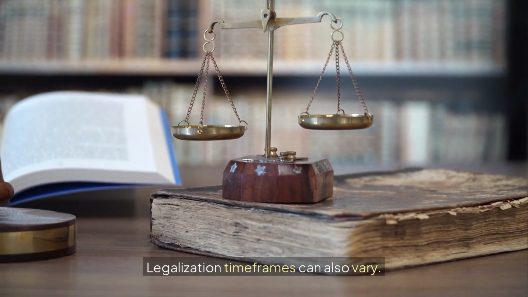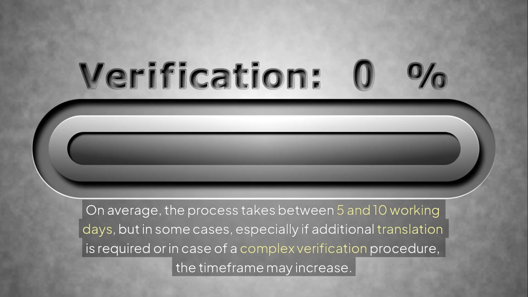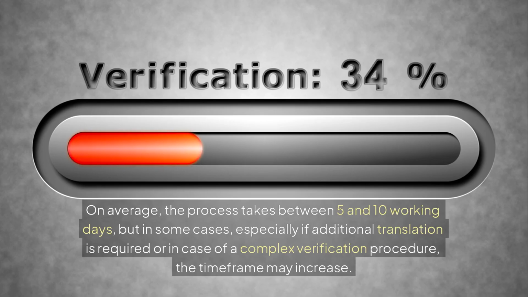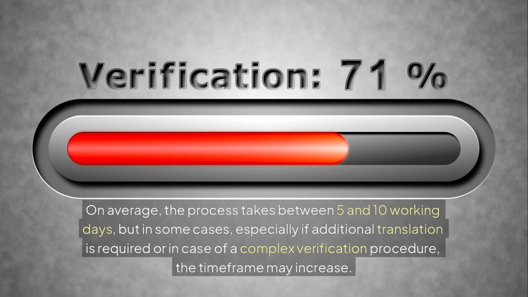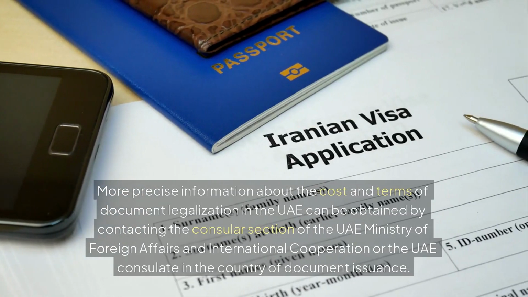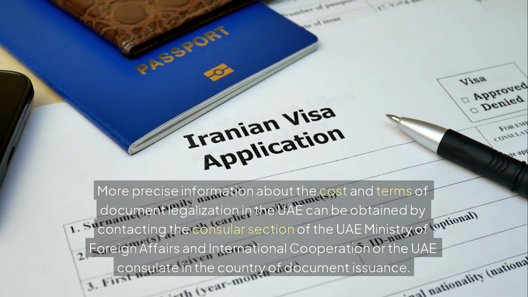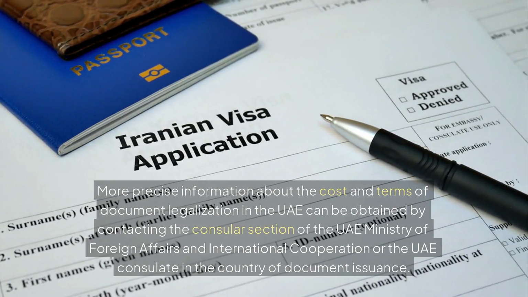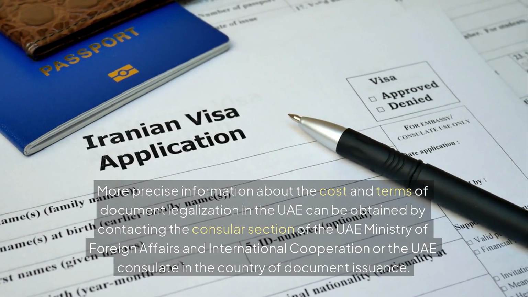Legalization timeframes can also vary. On average, the process takes between 5 and 10 working days. But in some cases, especially if additional translation is required or in case of a complex verification procedure, the timeframe may increase.